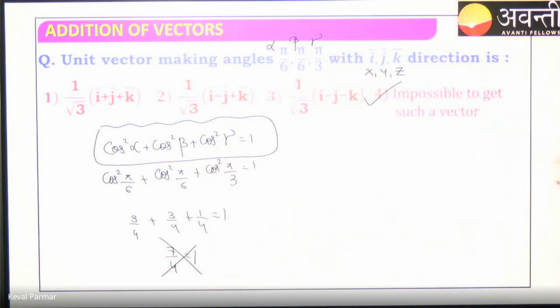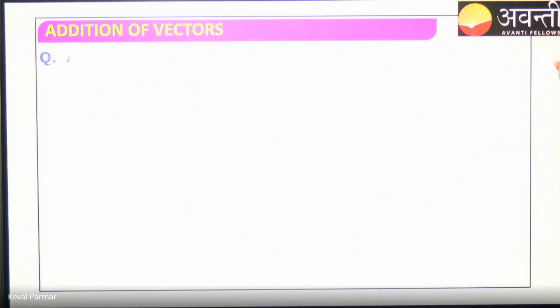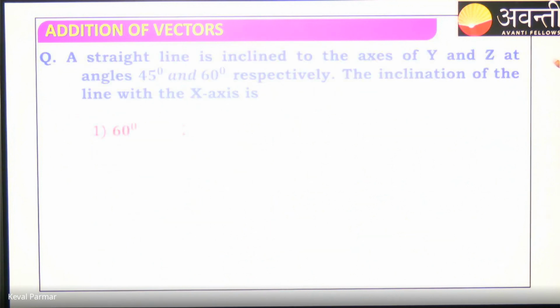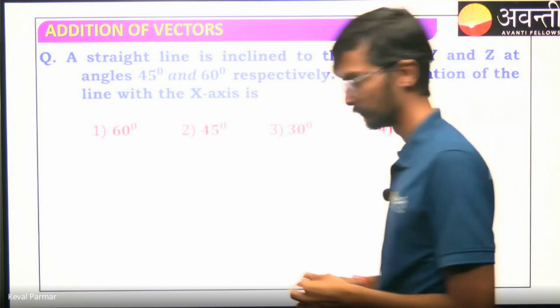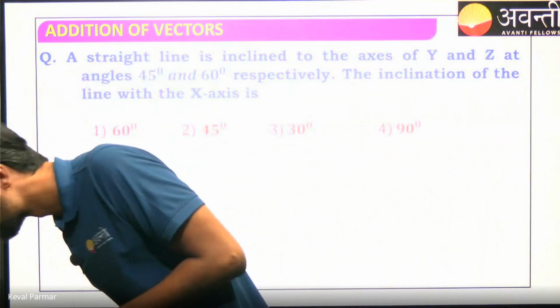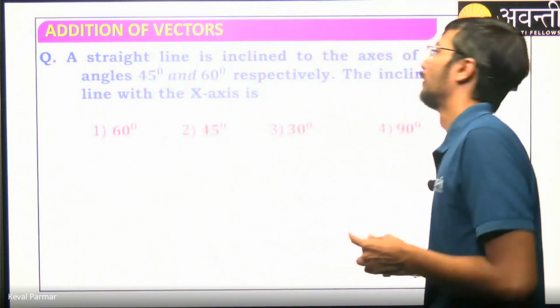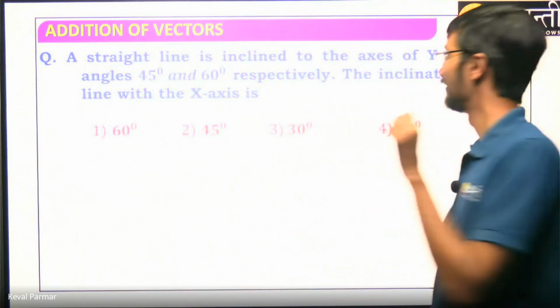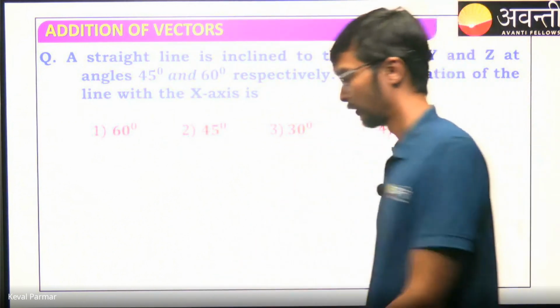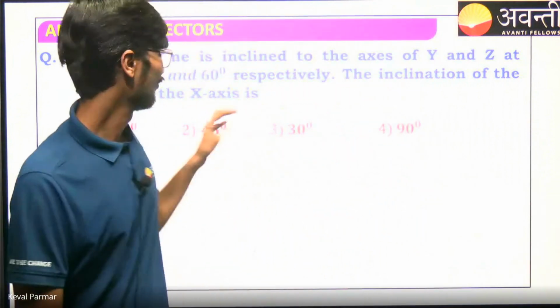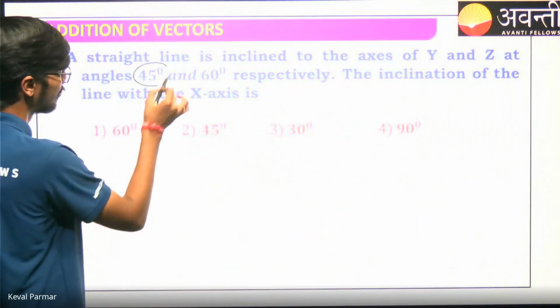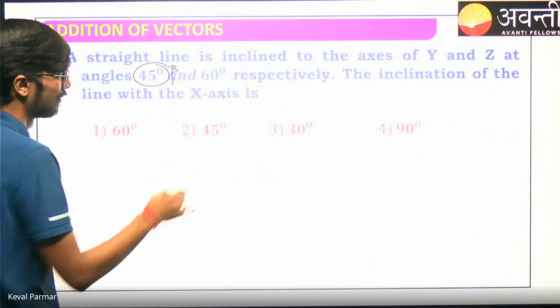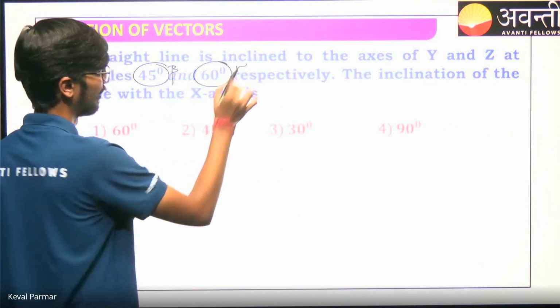Got it? Let's see the next question here. Let me read the question. The question says a straight line is inclined to the axes of y and z. So we know that if a straight line is inclined to the y axis, this is beta, and this is gamma.